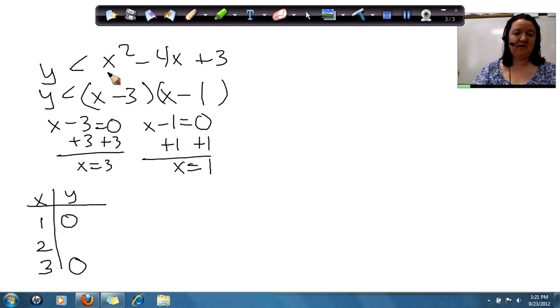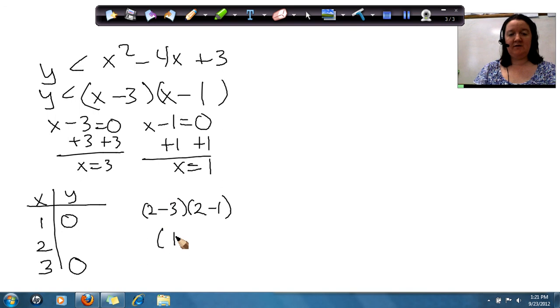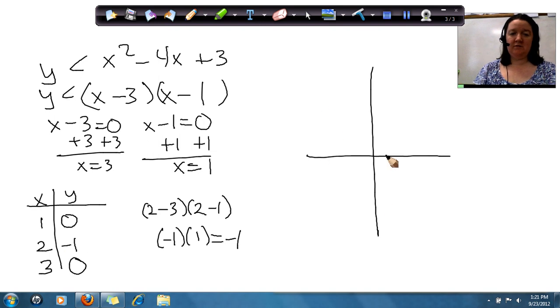So let's plug that 2 back into that equation. 2 minus 3, 2 minus 1. So that's going to give me a negative 1. And that's going to give me a positive 1. So that's going to give me a negative 1 value when I multiply that together. So if we graph that, we're going to go 1, 0, 2, negative 1, and 3, 0.